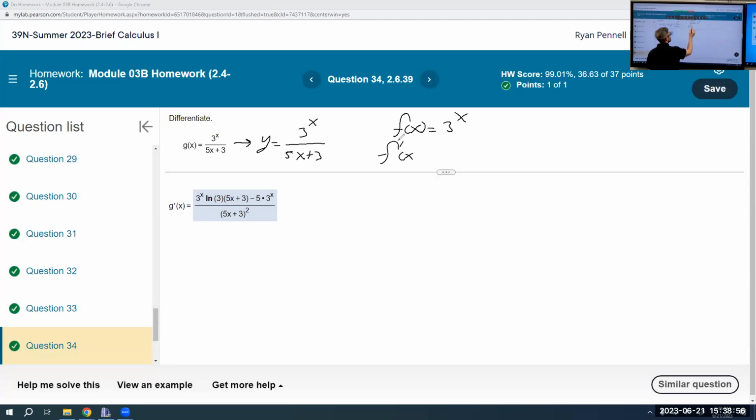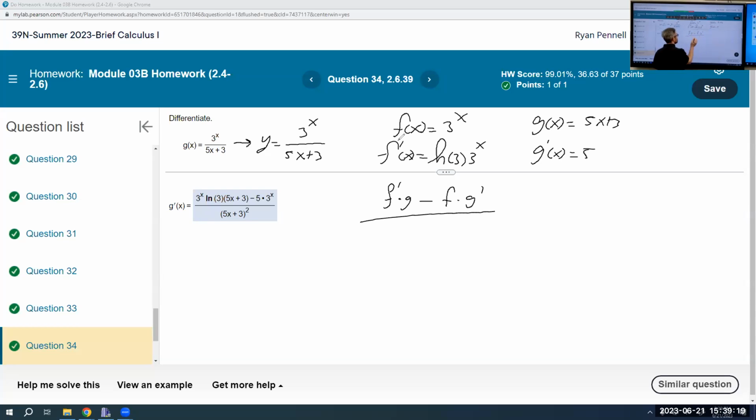So f prime of x equals natural log of 3 times 3 to the x. G of x, I'll let equal 5x plus 3. So g prime of x just equals 5. Quotient rule says f prime times g minus f times g prime, over g squared.